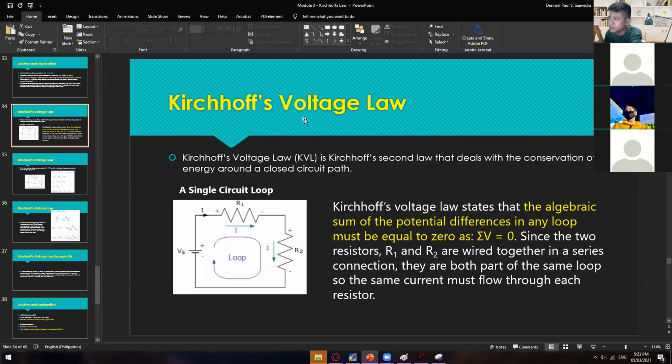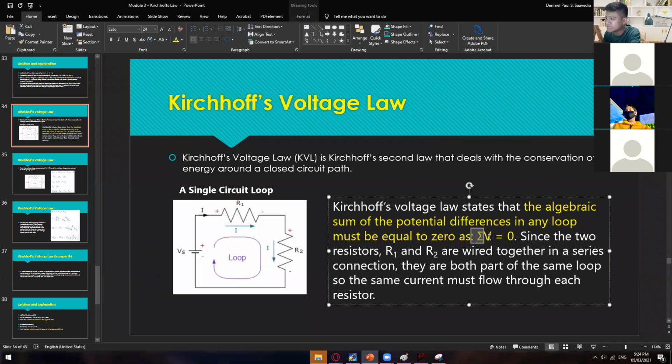So for Kirchhoff's voltage law, what do we have here? This is just the explanation, like what we had a while ago, wherein the voltage drop across this circuit is equal to 0, or equal to the voltage source.